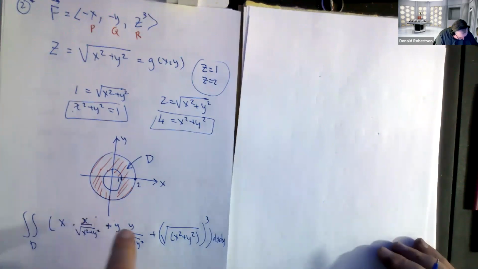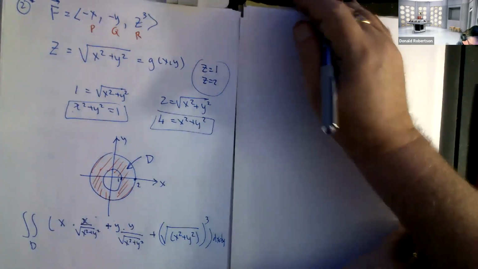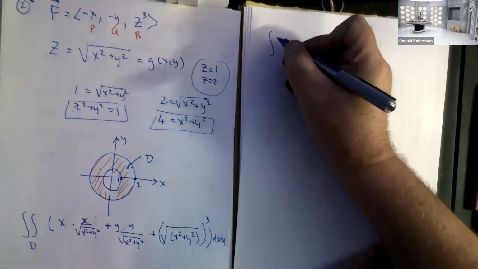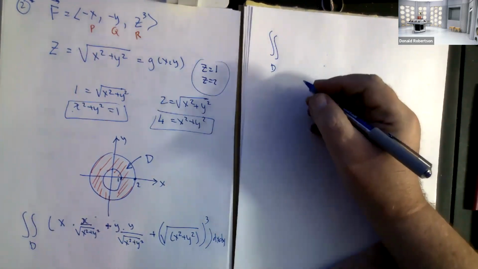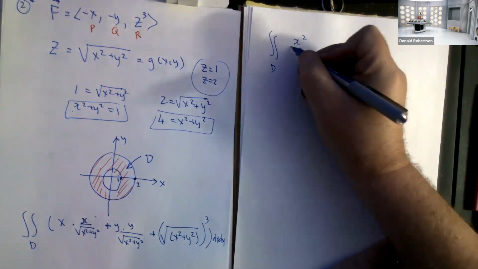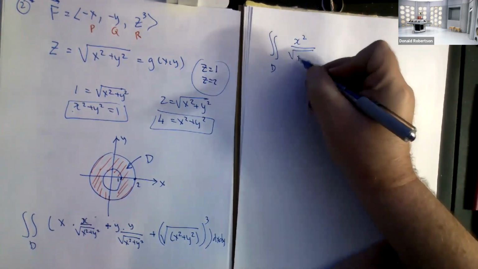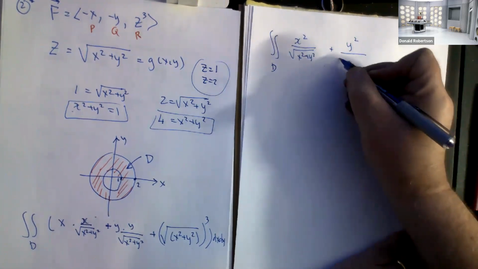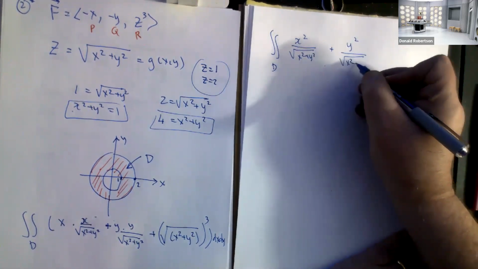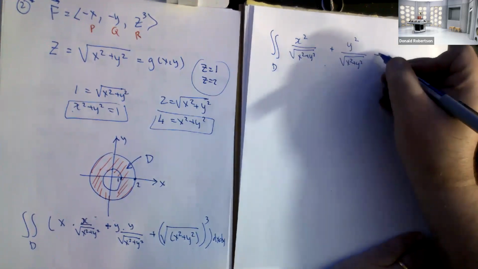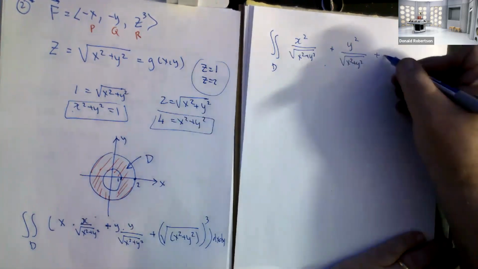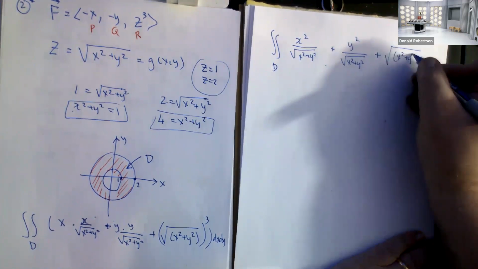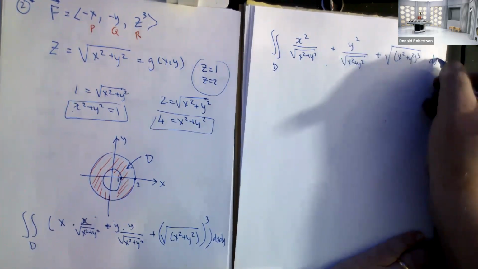So this guy and this guy do simplify a little bit. Let's see what we get. We get a double integral over a donut of x squared over the square root of x squared plus y squared, add y squared over the square root of x squared plus y squared, plus, and I'm going to rewrite that guy a little bit differently, the square root of x squared plus y squared, cubed. We'll call it dA.